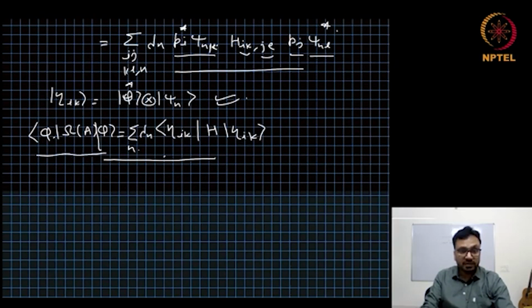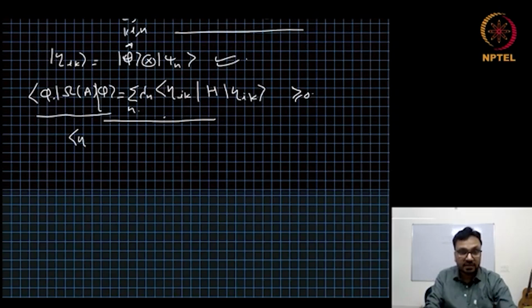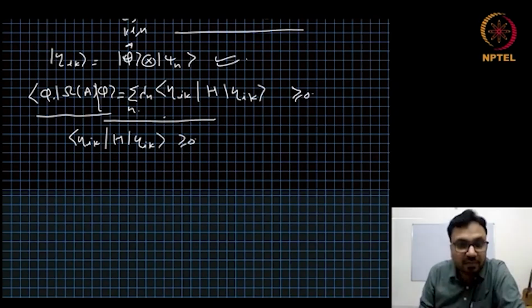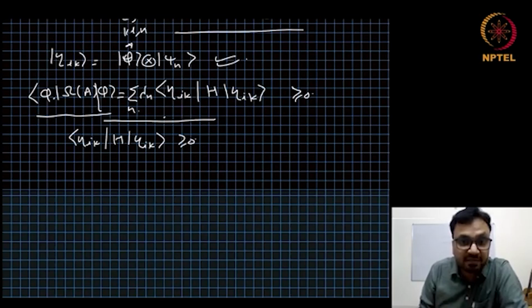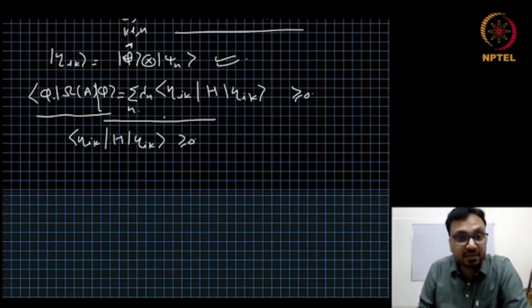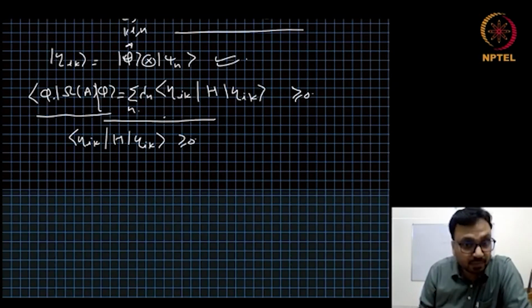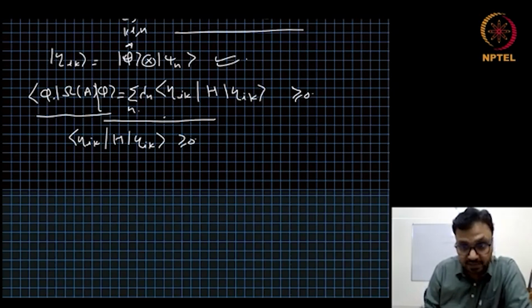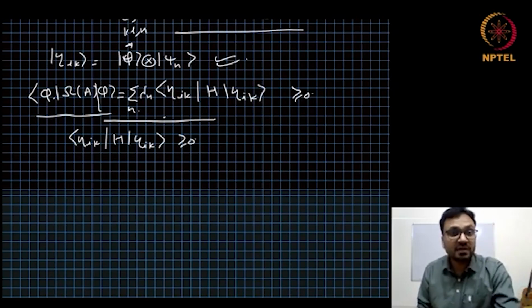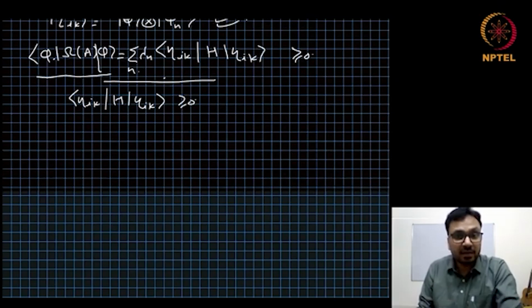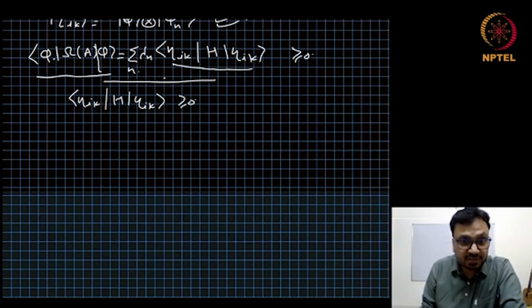So for this to be positive for all, we need eta ik H eta ik to be positive, because if any of them is negative, then we can choose a set of lambdas where that element is 1 and all others are 0, so we get a negative number. We don't want that. That's why all of them individually need to be positive.